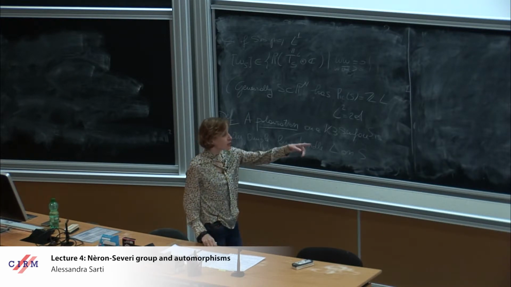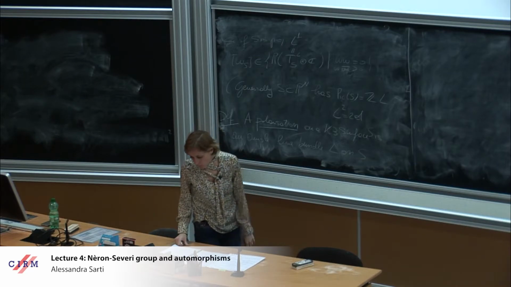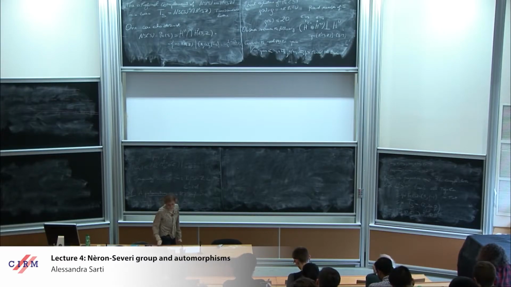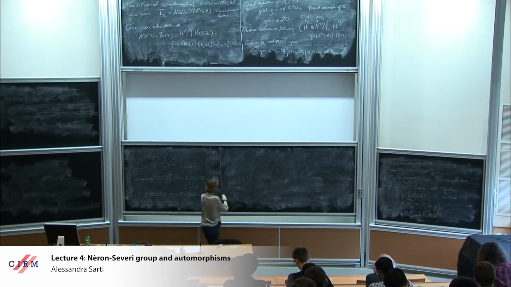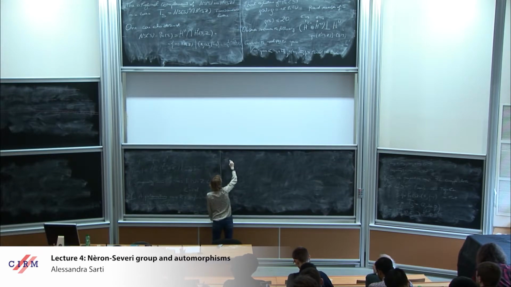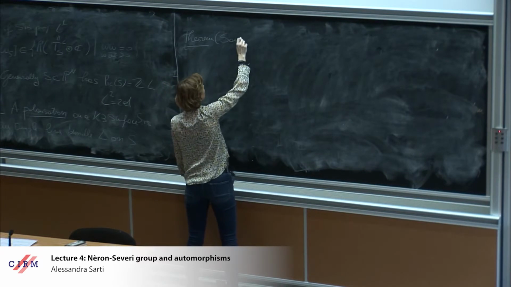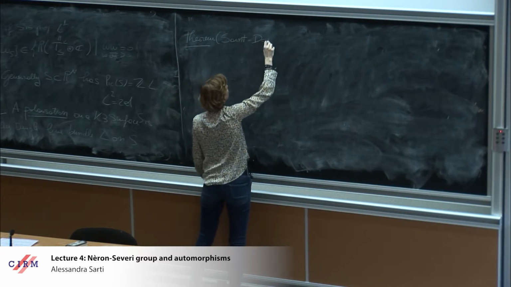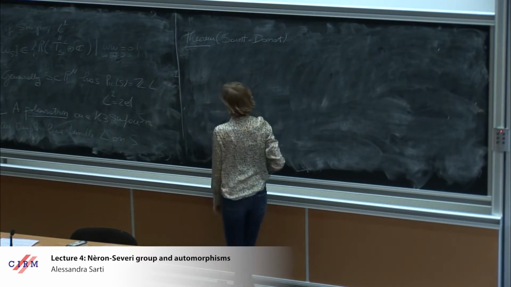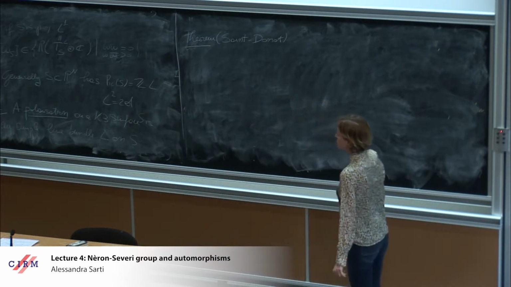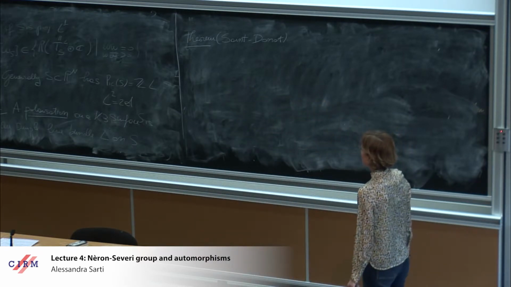For example, in that case we take the hyperplane section, which is even very ample. And let's describe a useful theorem due to Saint-Donat. In the 80s, there is a very famous paper where he started describing linear systems on K3 and projective models.